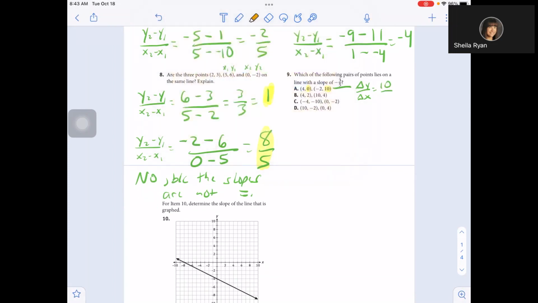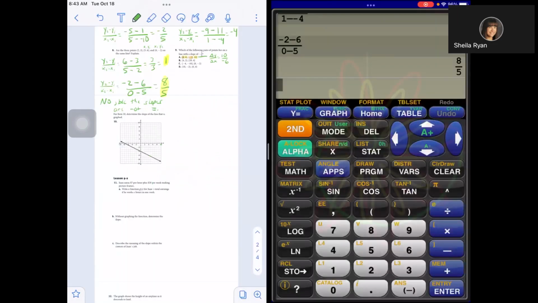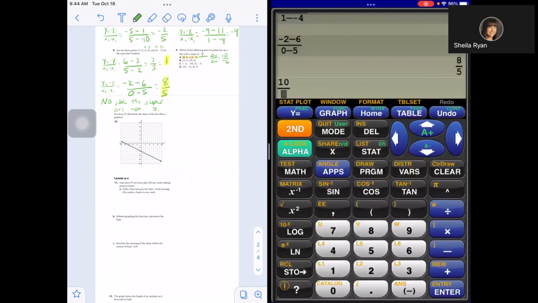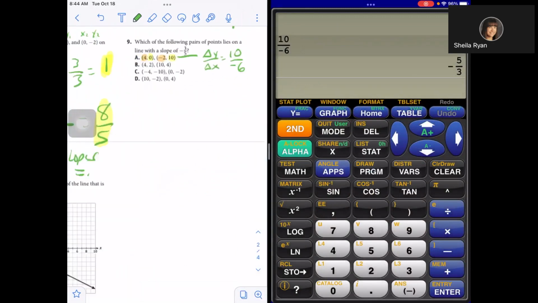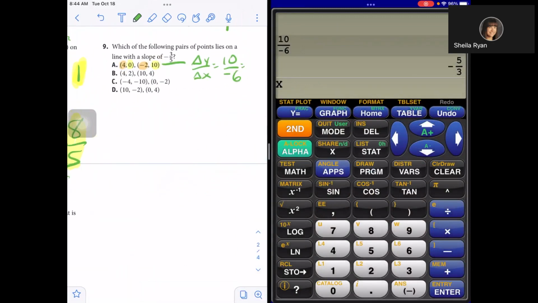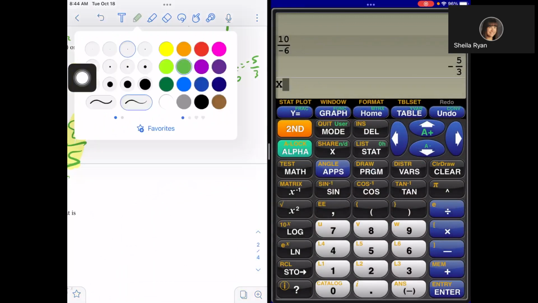The x's are going from 4 to negative 2, and that is a drop of 6. 10 over negative 6 simplifies to negative 5 over 3. And we're looking for a slope of negative 3 over 5.